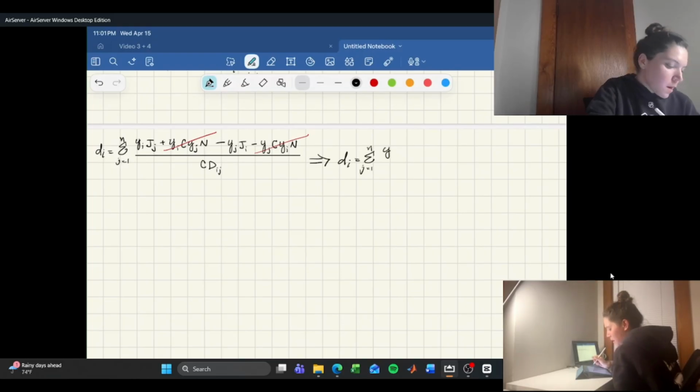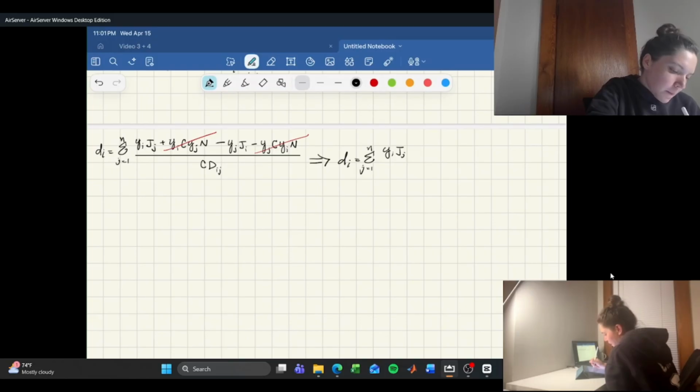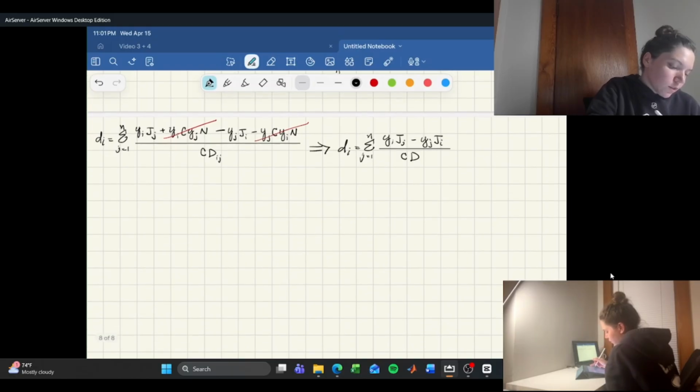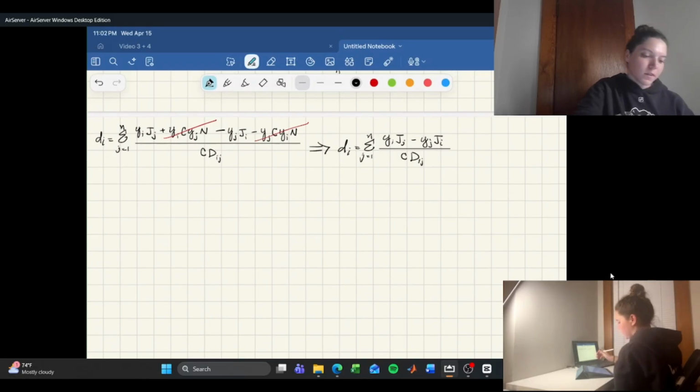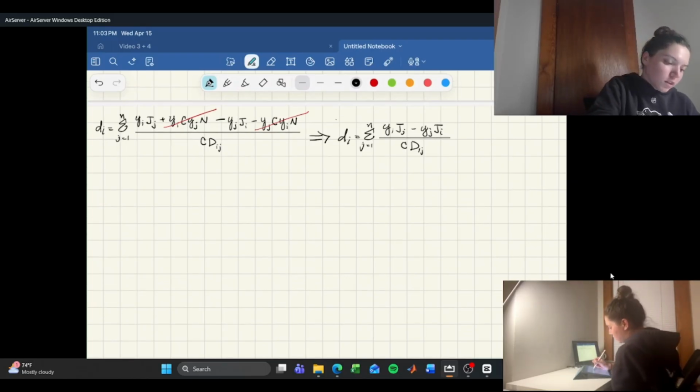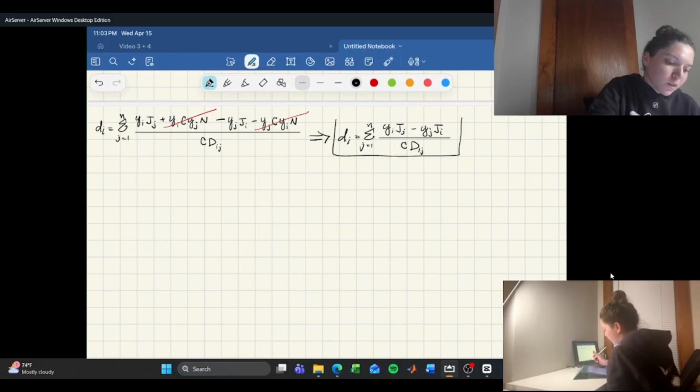This is going to be mole fraction of I times the diffusive flux of J minus mole fraction of J times diffusive flux of I all over the overall concentration times the diffusion coefficient of Ij. There we go. So this is the Stefan-Maxwell equation in terms of diffusive flux.